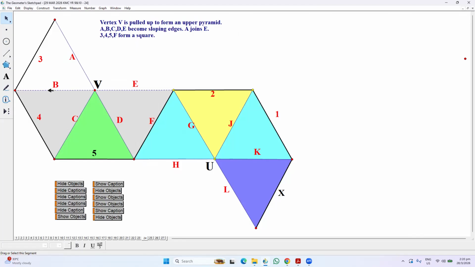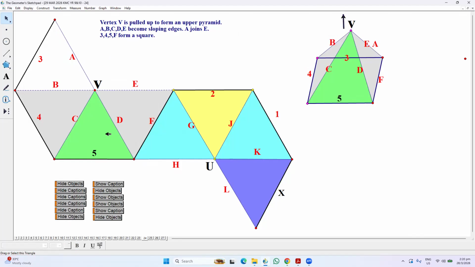So A, B, C, D, and E will be sloping edges, and A joins E. If we look at each triangle, they have a base 3, 4, 5, and F. 3, 4, 5, and F form a square. A diagram will help visualize this.